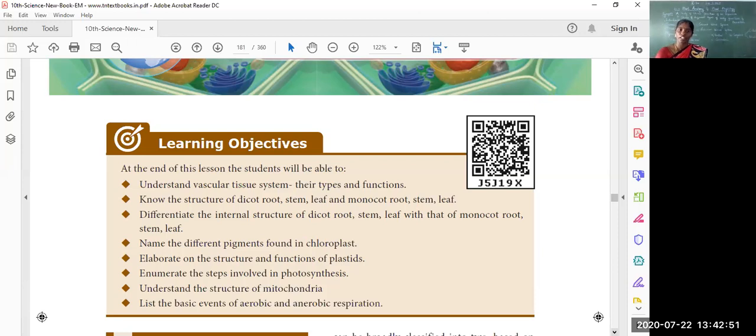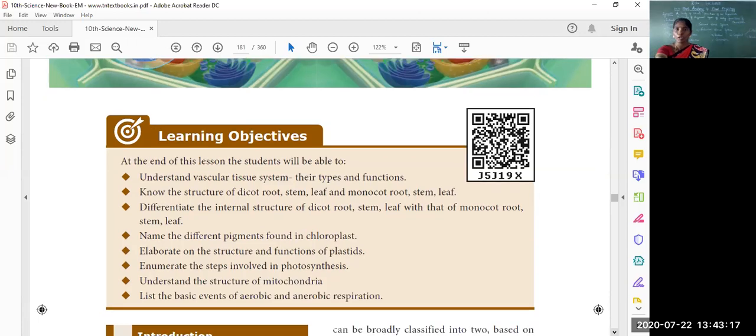Then differentiate the internal structure of dicot root, stem, leaf with that of monocot root, stem and leaf. Name the different pigments found in the chloroplast. Elaborate on the structure and functions of plastids. Enumerate the steps involved in photosynthesis. Understand the structure of mitochondria. Then list the basic events of aerobic and anaerobic respirations.